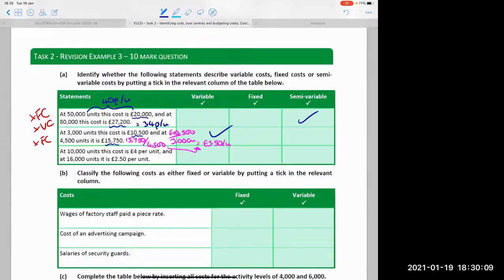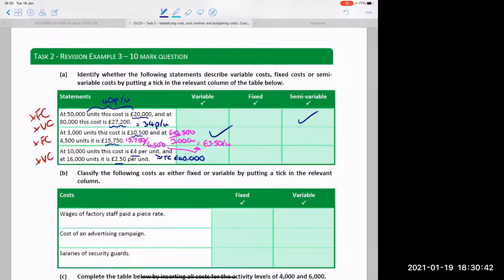And on the last example, they're not giving us total cost, but what we can see is that cost per unit was £4, then it becomes £2.50. So we can rule out variable costs because cost per unit has changed. Because they've given us different information, now we're going to multiply along to find out what happens to total cost. 10,000 units at the cost of £4 a unit, total cost £40,000.